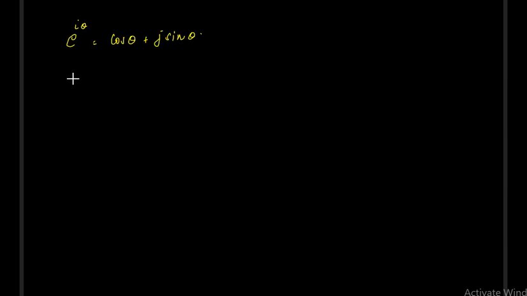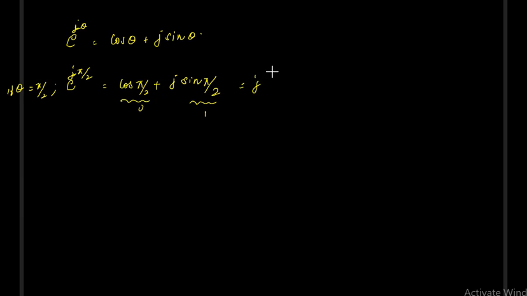If theta equals pi by 2, this expression becomes e power j pi by 2, which is cos pi by 2 plus j sine pi by 2. Cos pi by 2 is 0 and sine pi by 2 is 1, so this becomes j. So e power j pi by 2 is equal to j.